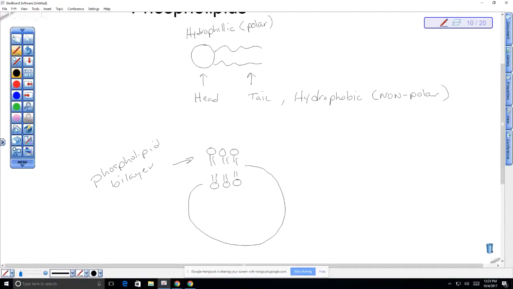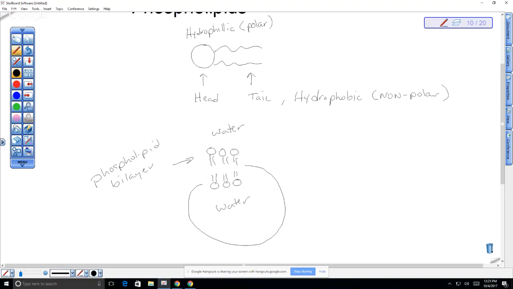Okay. So there would be water on the outside of the bubble, like floating around in a beaker of water, and there would be water on the inside. So you can label that as water on the inside, water on the outside. Now we have a boundary, right? Now we have a space inside and a space outside.